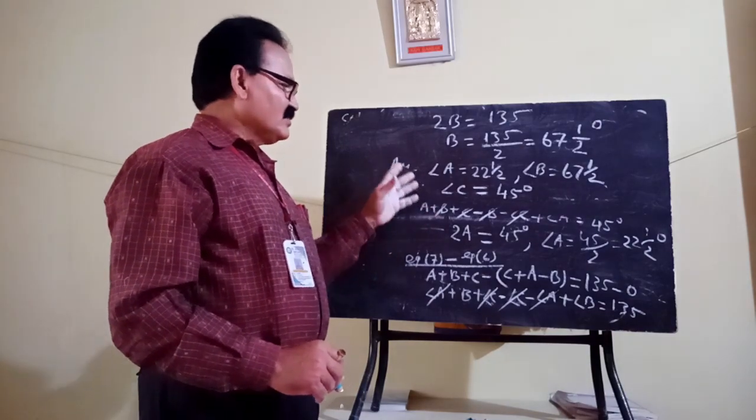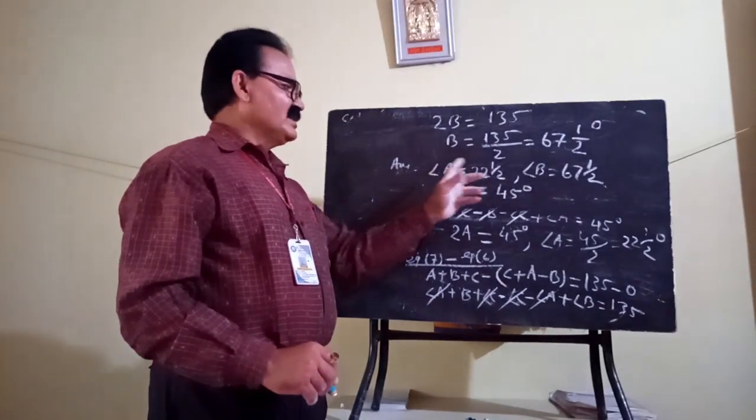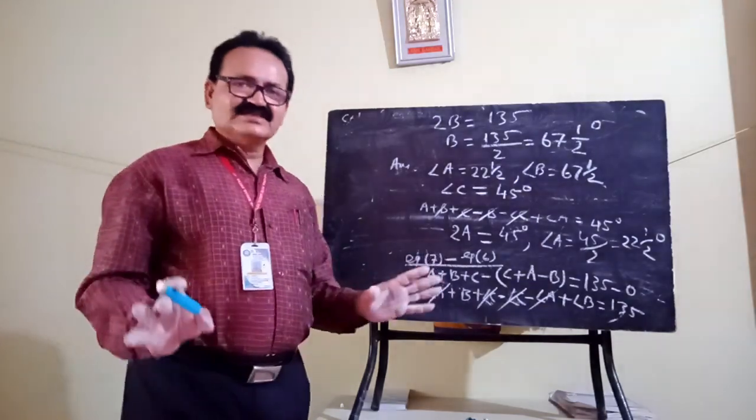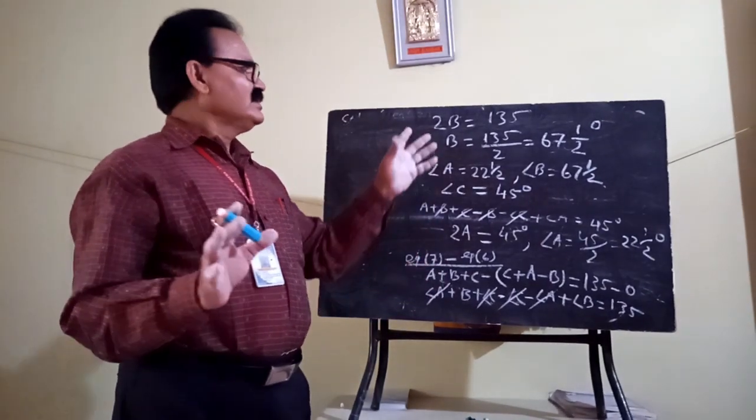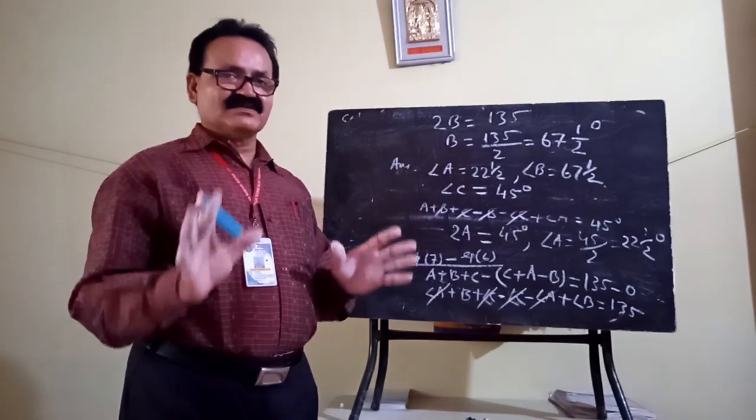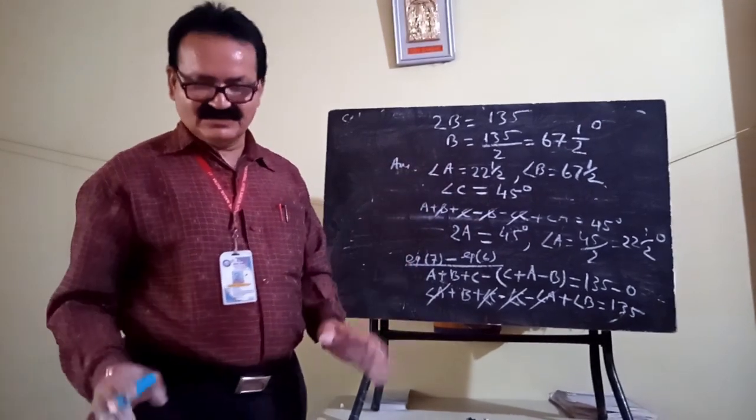So now you have got the values of A, B and C. In this way you have to solve the exercise for trigonometrical ratio of particular angle. Okay, bye. See you next day.